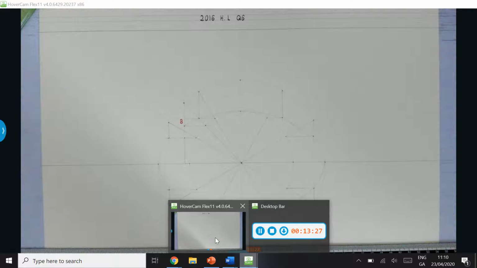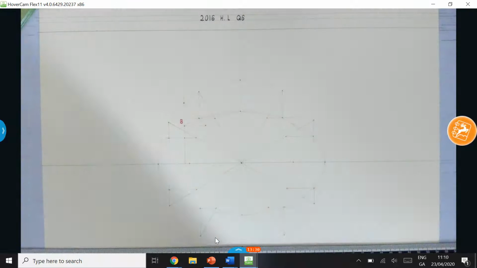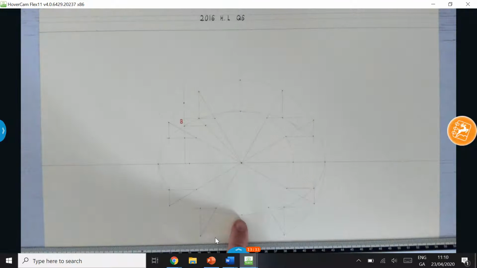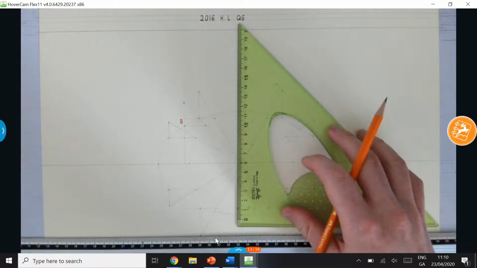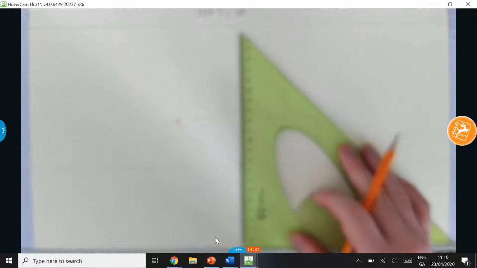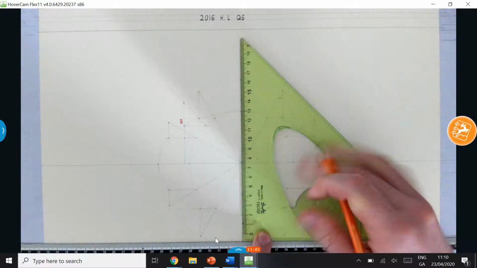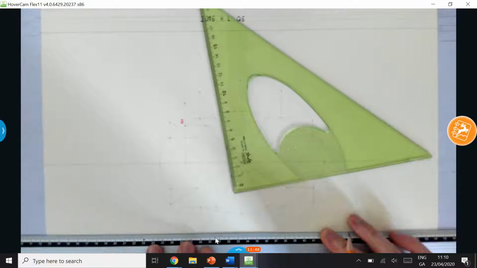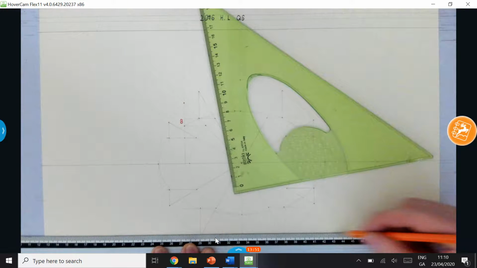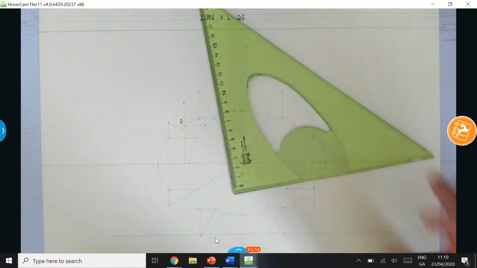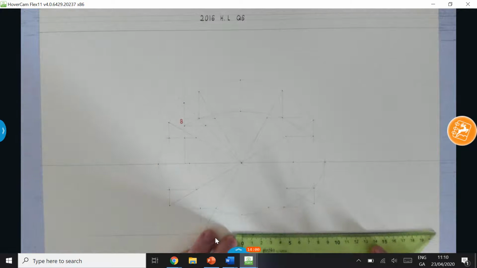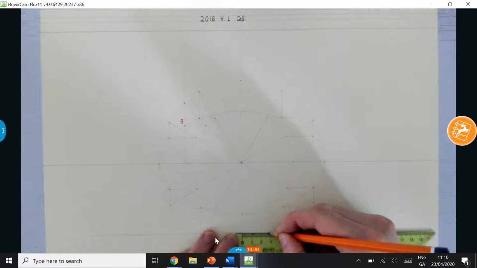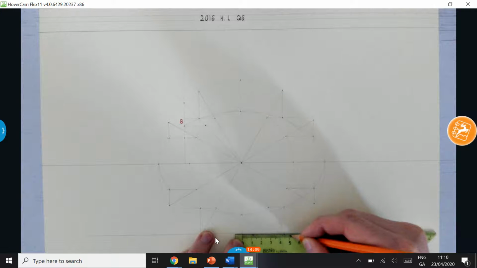So back to our drawing sheet. Now from the minor circle, so here, make sure you don't go from the very bottom, go from the minor circle and measure down 20. And a horizontal line. Now from the center here, we're going to measure to the right 27. Plus 20 is going to give us 47.